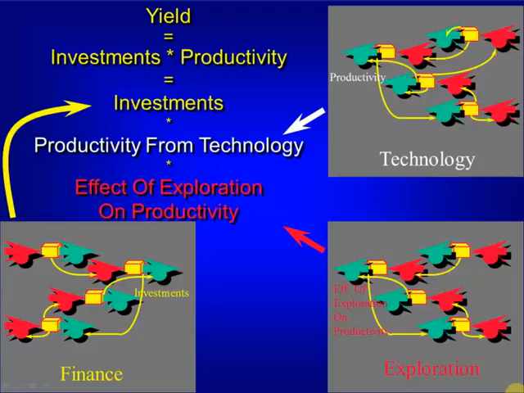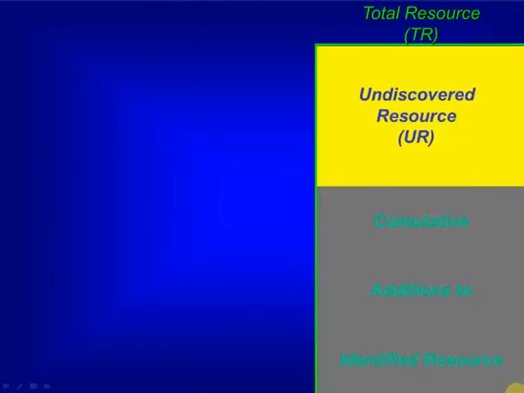So let's have a look at the stock and flow concept of the reserve. Here we have the undiscovered resource, and here you have the cumulative addition to identified resource. That's the oil that's been found. So we've found this oil, and we have not found this oil, and the total amount is this one.